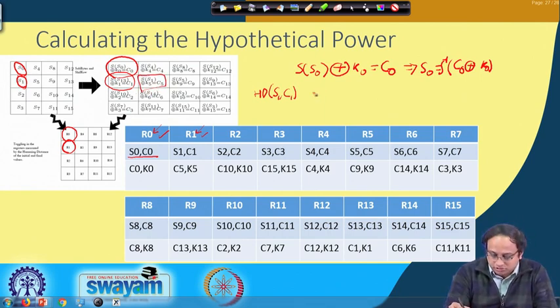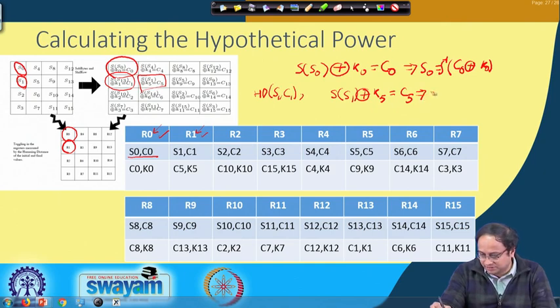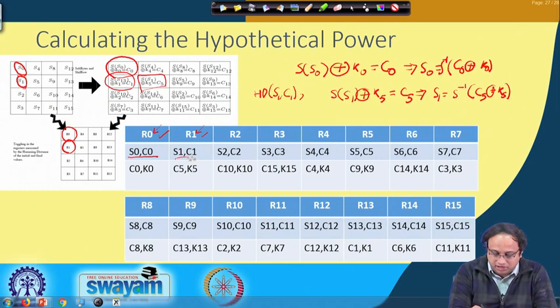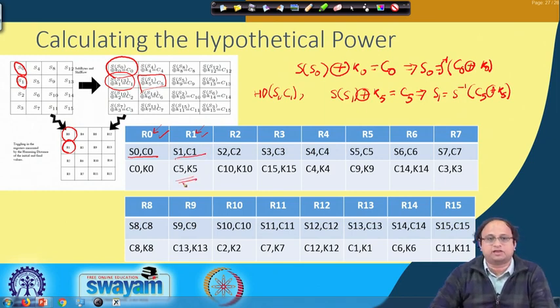Because of shift row, you have the equation S of S1 XORed with K5 is equal to C5, and that implies that S1 is equal to S inverse of C5 XORed with K5. And that is written over here, that you have to target C5 and K5.